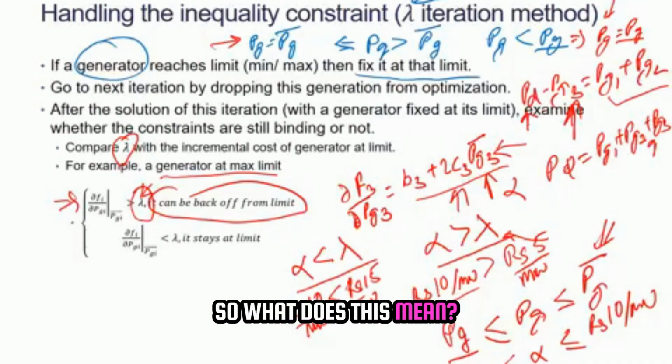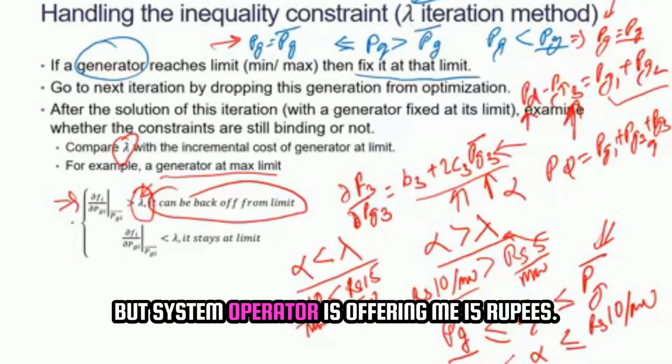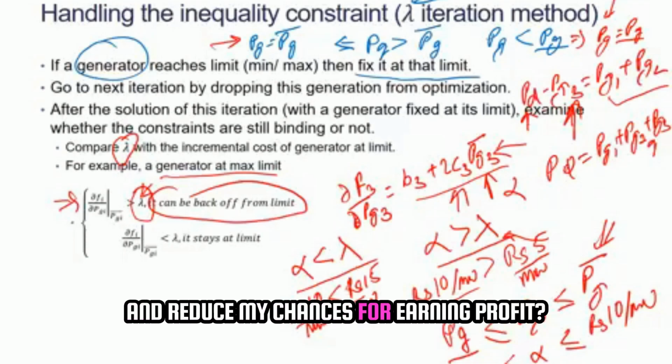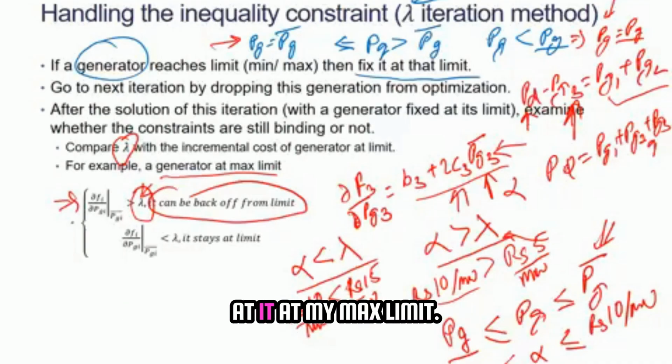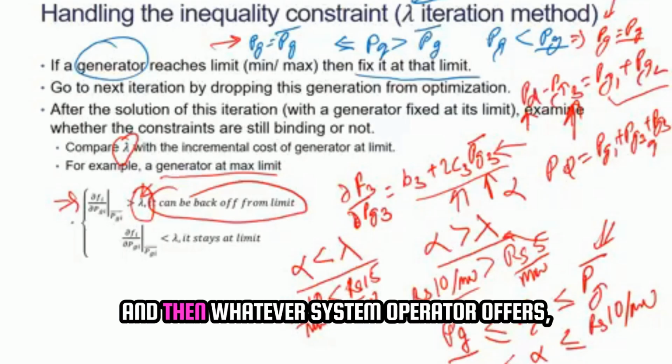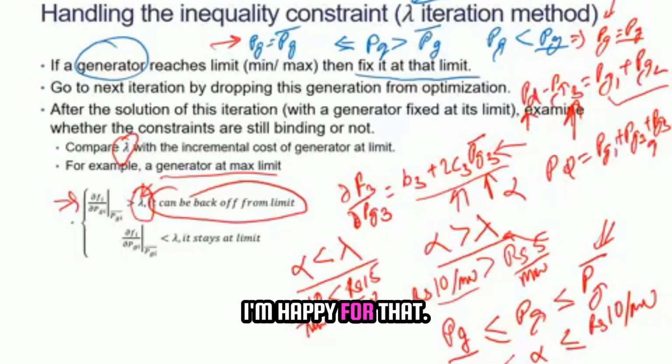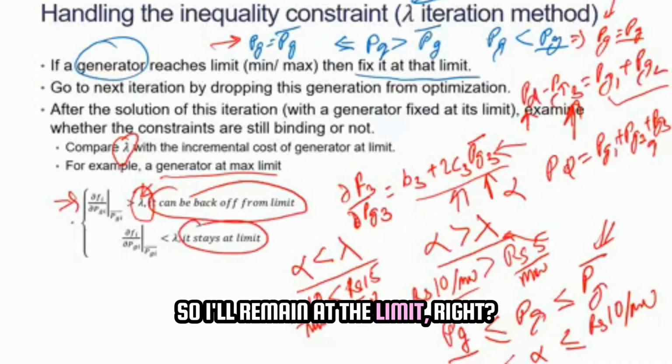So what this means is that at my maximum limit I am asking for 10 rupees, but system operator is offering me 15 rupees. So it's a profitable business, right? Why will I reduce my generation and reduce my chances for earning profit? So what I'll do, I'll remain at my max limit, and then whatever system operator offers, if it is more than 10 rupees per megawatt, I'm happy for that. So I'll remain at the limit.